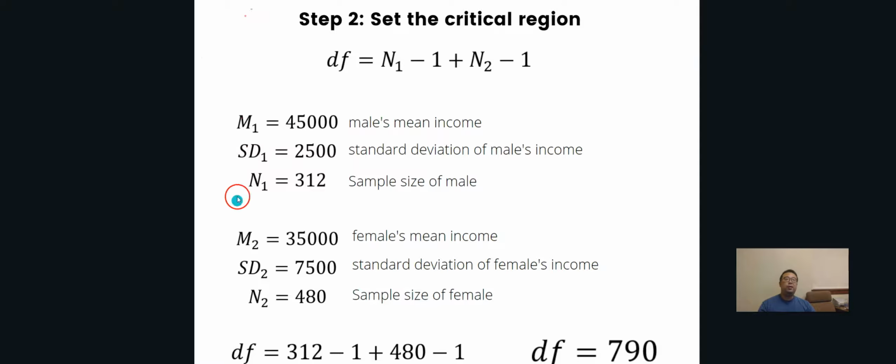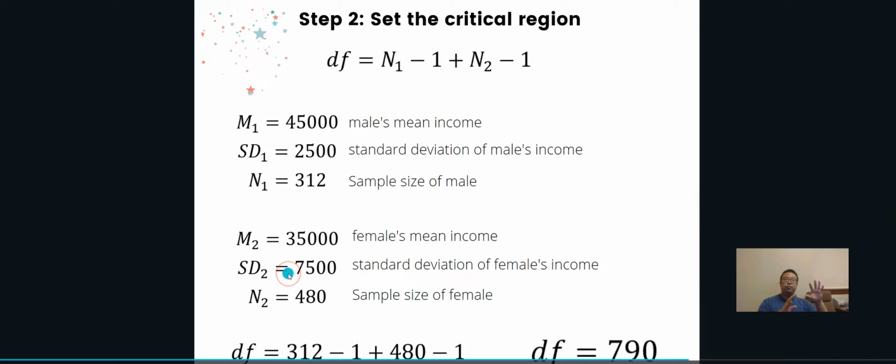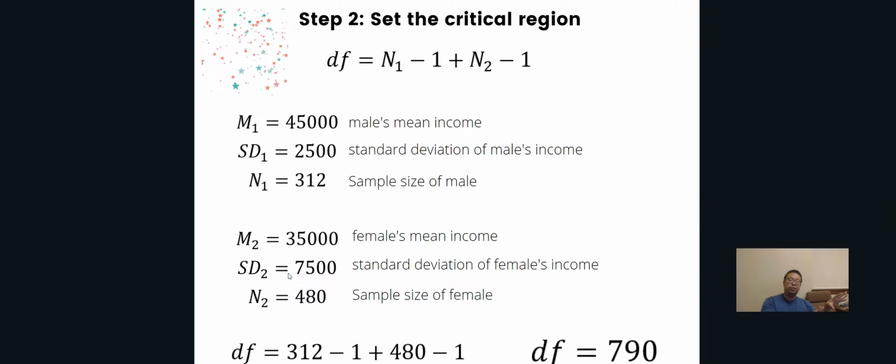Let's suppose that we have those numbers. The average male income is 45,000, the standard deviation of male income is 2,500, and there are 312 males in our sample, which is the sample size of males. For the female, the second group, we have $35,000 as the female mean income, and 75,000 as the standard deviation of female income.